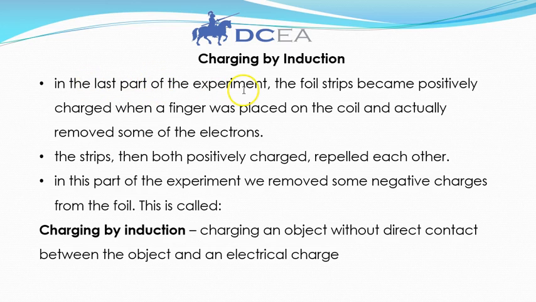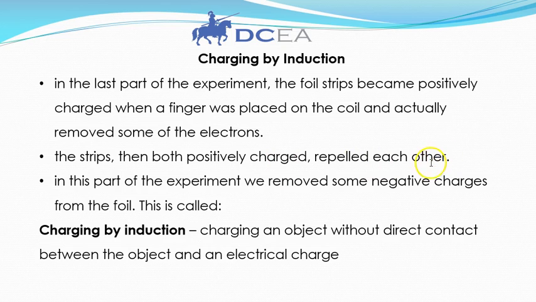In the last part of the experiment, the foil strips became positively charged when a person's finger was placed on the coil and actually removed some of the electrons. So the electrons were attracted to the finger, and now the strips that had been negatively charged became positively charged because electrons were removed. The strips then, because they were both positively charged, repelled each other.